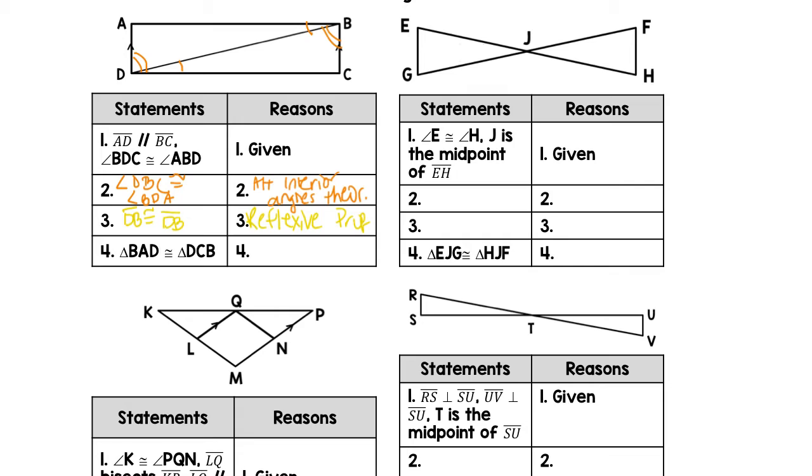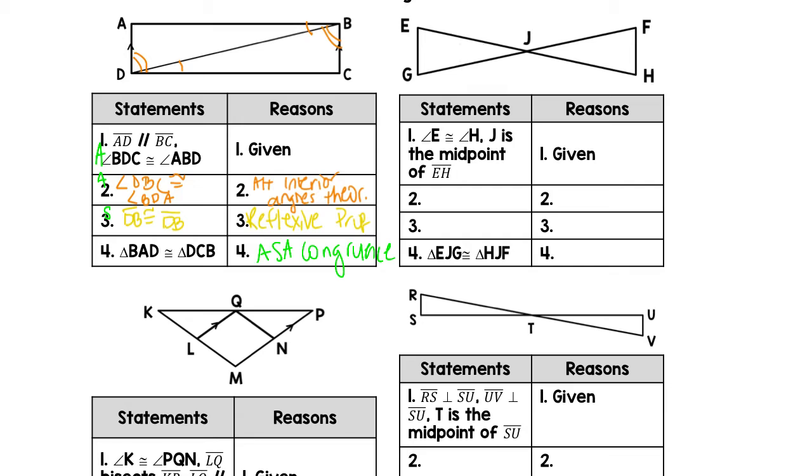And finally, we can say that triangle BAD is congruent to triangle DCB. Let's see how we know. We have an angle here at the top. We have an angle here, and the side in between them, DB, is a side. So we can say this is because of angle, side, angle congruence.